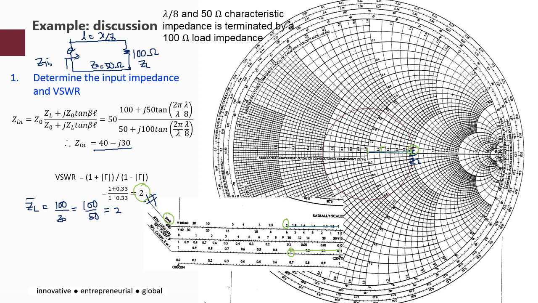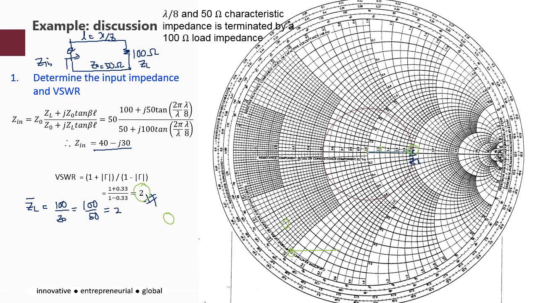Next is to find Zin. As usual, you need to have the line to indicate the current position. To determine Zin from the current position here, you look towards the generator, so you'll be looking in a clockwise motion.